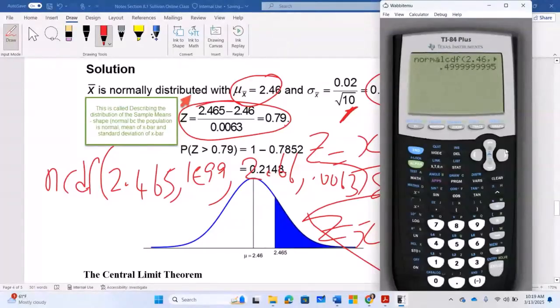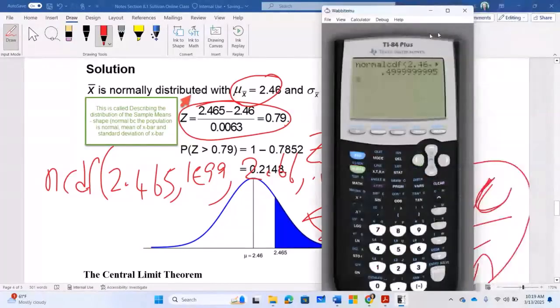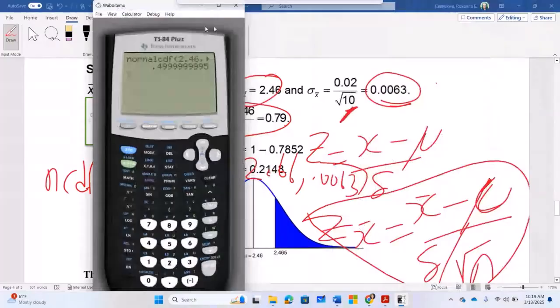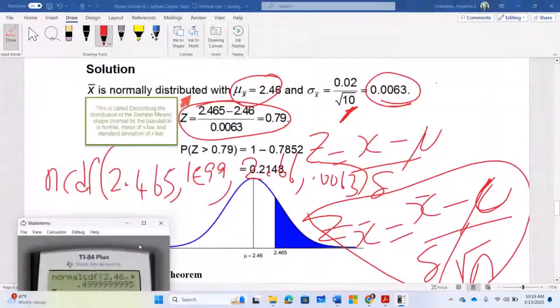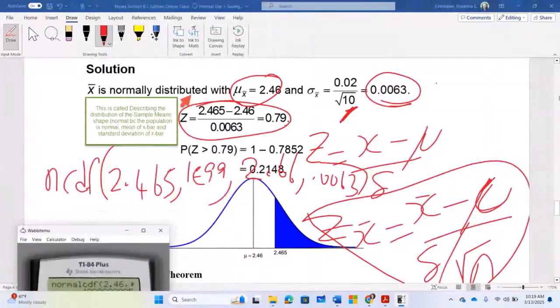Okay, so approximately, let's see. So we have approximately there. Okay, that's from my calculator. That's what we have. So it depends on what our numbers are.